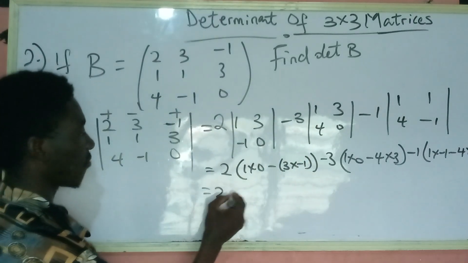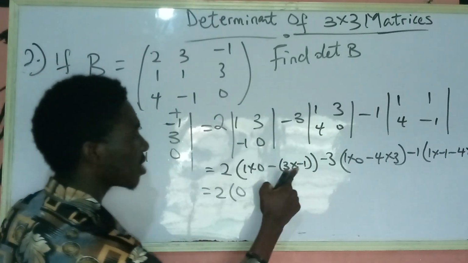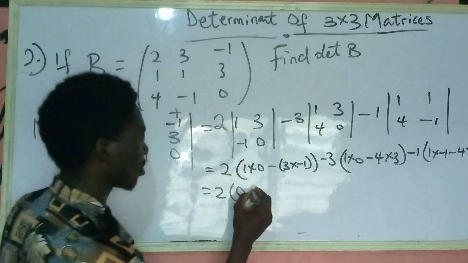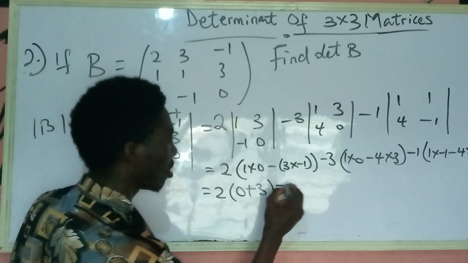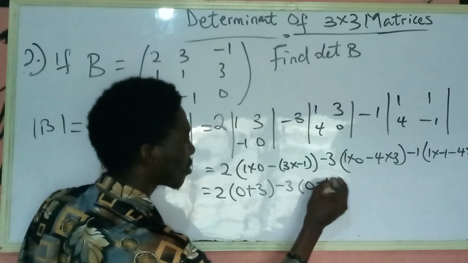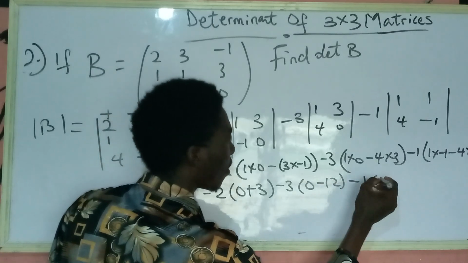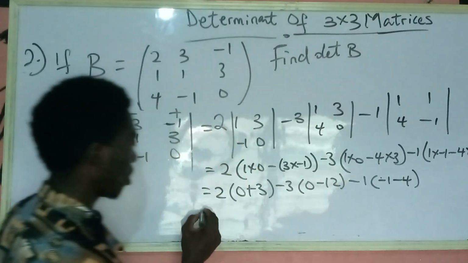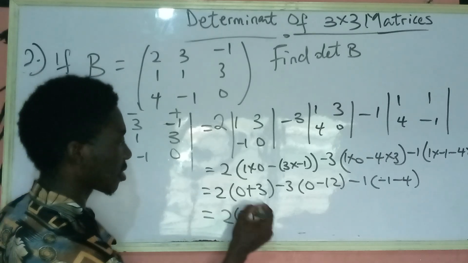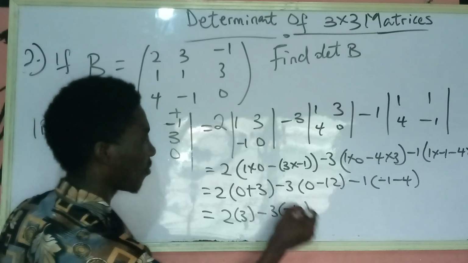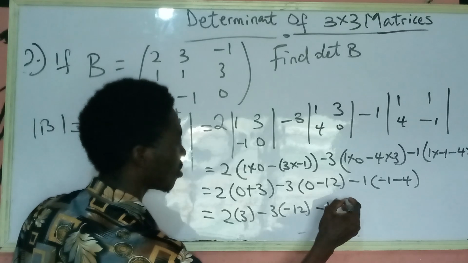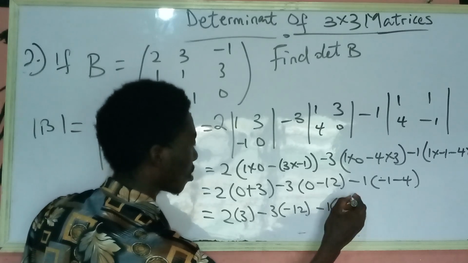So from there you have 2, you have 0, and this minus and minus become plus. So you have plus 3 here. Here you have 0 minus 12. And you have minus 1 minus 4. 2 into bracket 3, minus 3 minus 12, and minus 5.